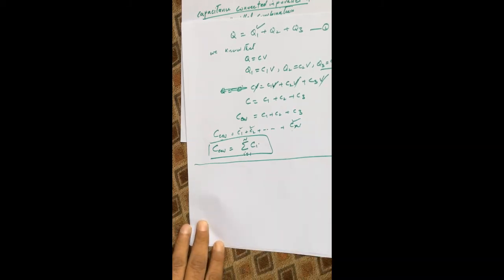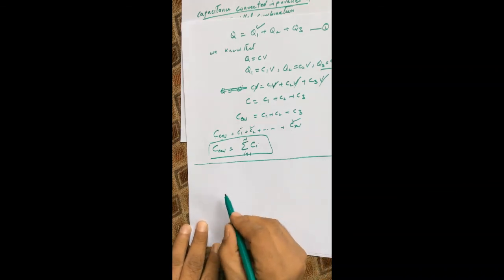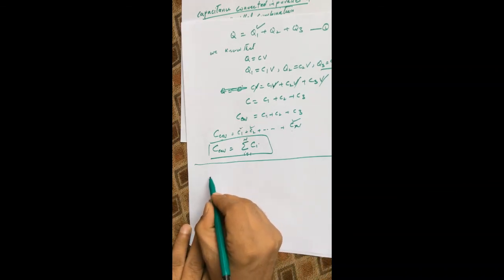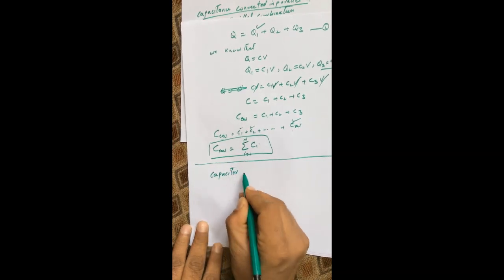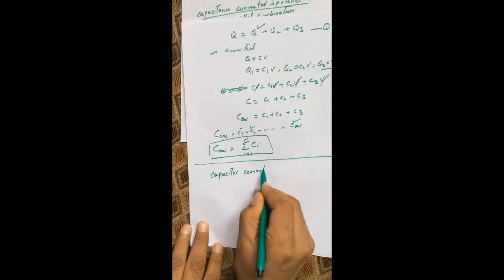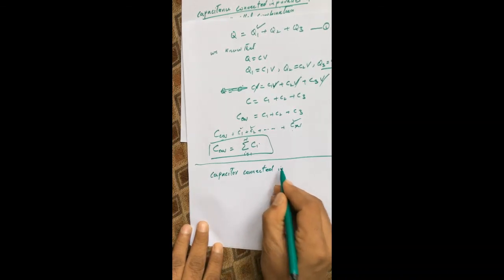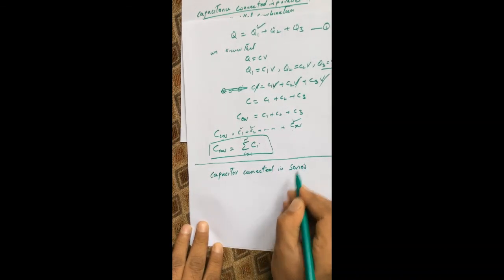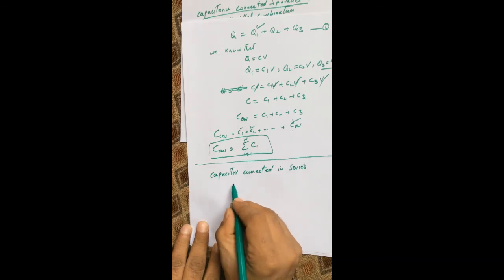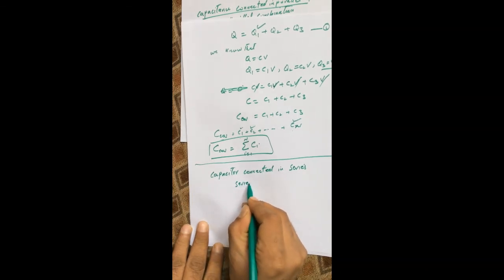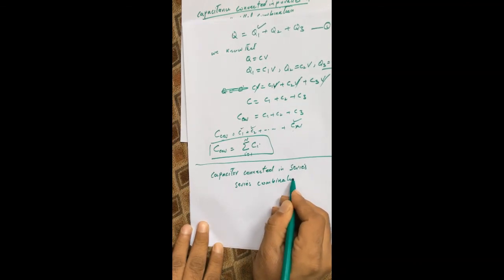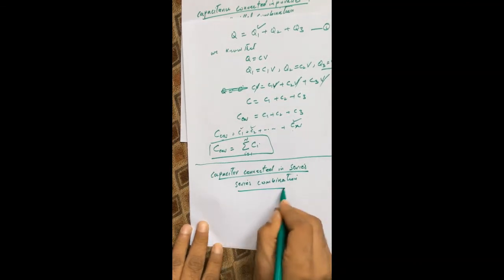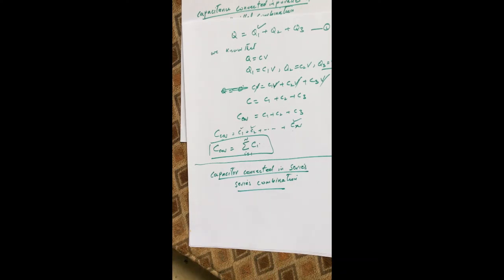I can say capacitors connected in series, we can also call it series combination. So the length of this video is almost 13 minutes, so I will do it in the next video. Thank you.